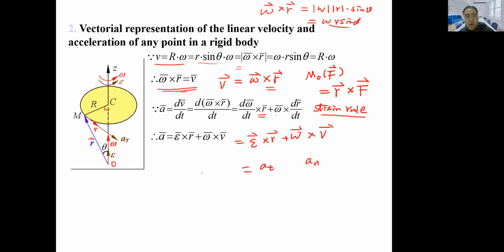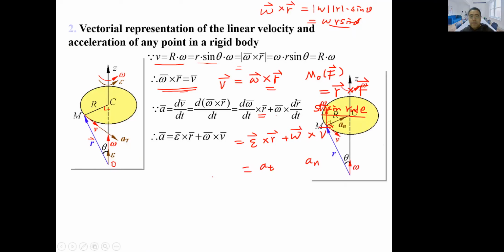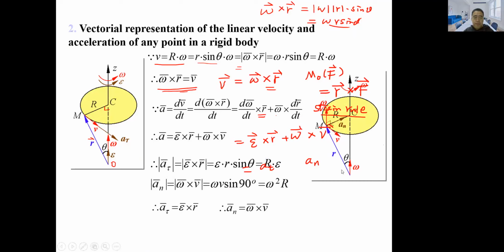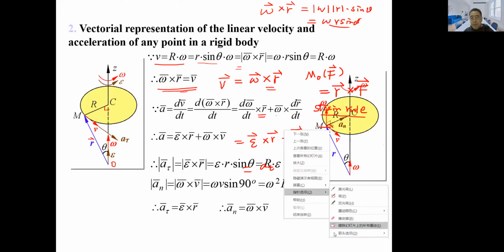Because we always talk about plane motion, our R and epsilon are perpendicular. Maybe it's too difficult for you to understand, so I will try to explain.